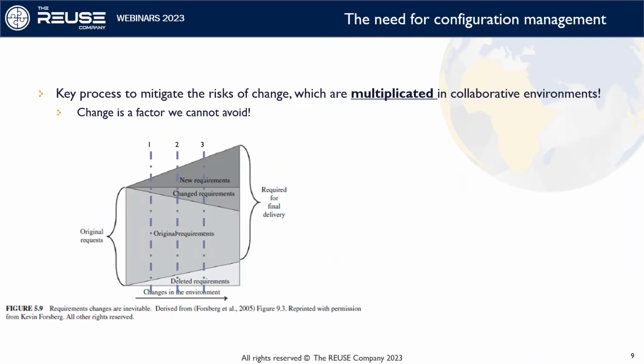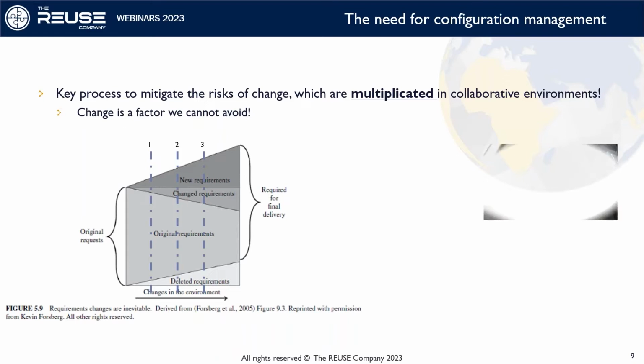So the need for configuration management is the key here if we talk about the focus of this webinar. And of course, change is a factor we cannot avoid, and it's originating a lot of risk. And as we are working in collaborative environments, this risk is being multiplied.